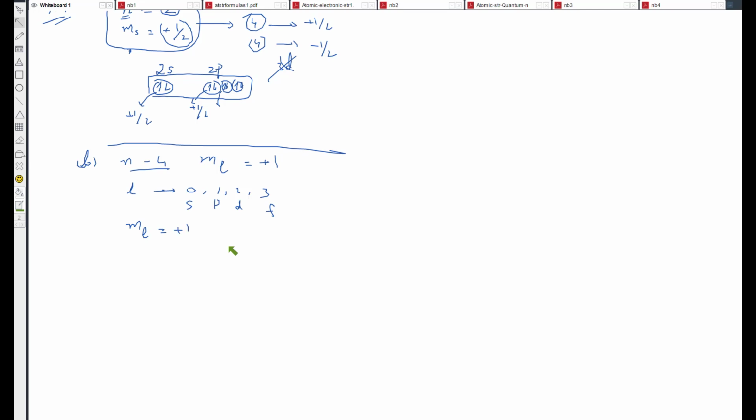Now tell me how many maximum electrons, and also explain your answer. Would that mean for each s, p, d, and f? Let's see. s can't have a +1, right? What is the ml value for s? 0.